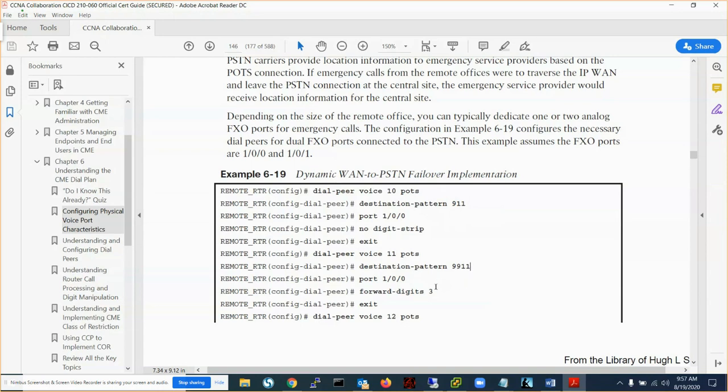Instead of no digit strip, you say forward digits 3, and it will forward the 3 digits from right to left. So you can tell it how many numbers you want to send. It will send those 3 numbers instead, which strips the 9.